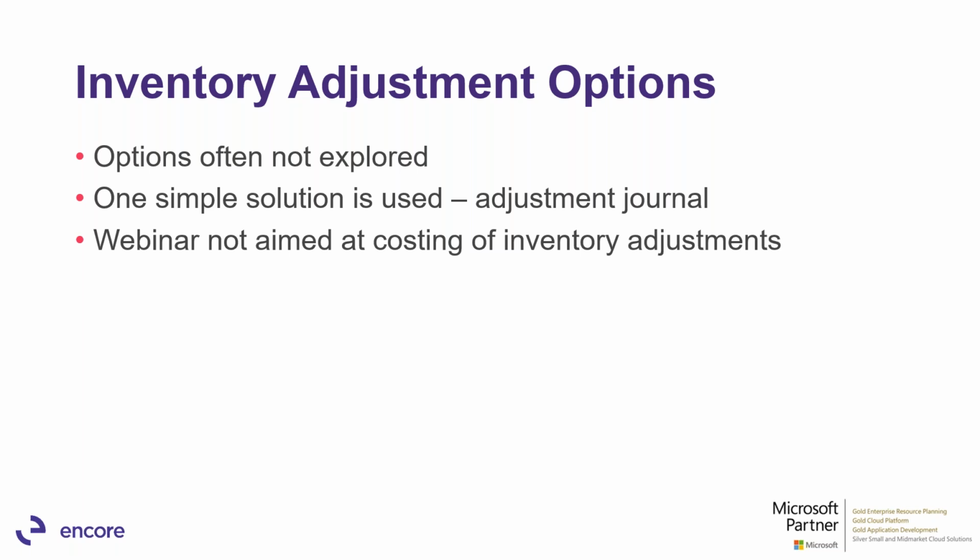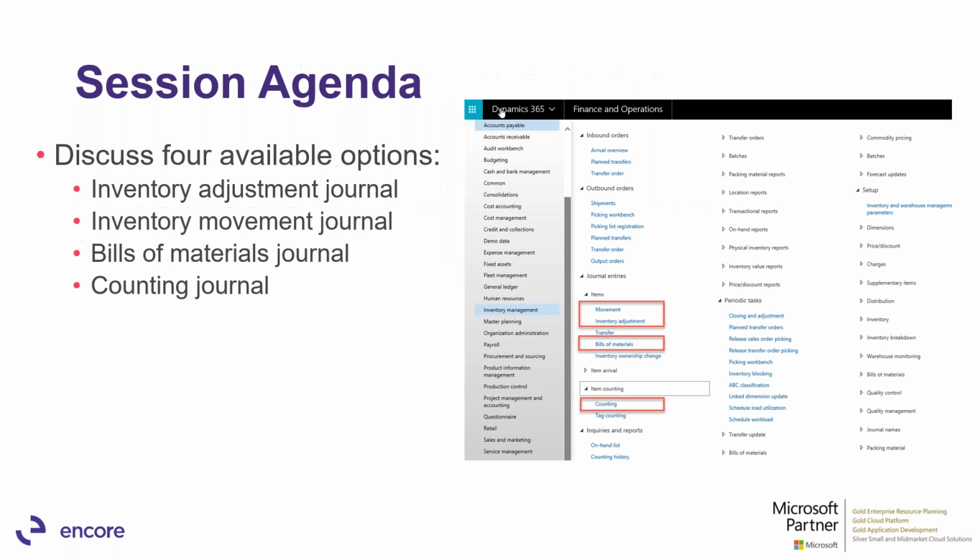What we are going to talk about today is the 4 different inventory journals in Dynamics 365 F&O, and also keep in mind that all 4 options are available in previous versions of the system as well. I can tell you that they are available as far back as 4.0. I'm not sure if they are available before that, because that's where I started my AX career. But realistically, there shouldn't really be many companies out there operating on any older versions than that.